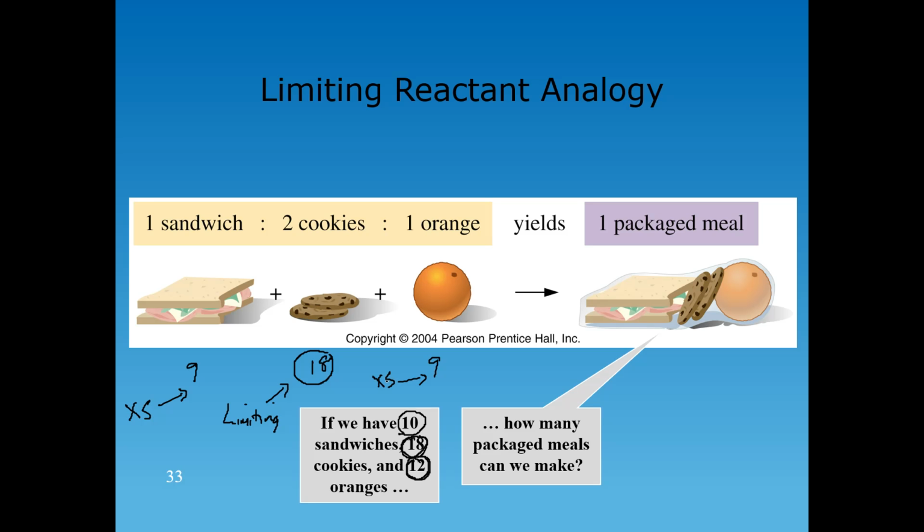So this begs the question: how many packaged meals can we make? Since the cookies are the limiting item, that determines how many packaged meals we can end up with.